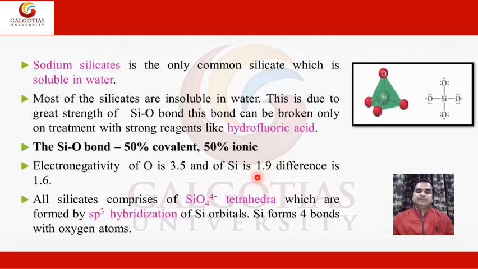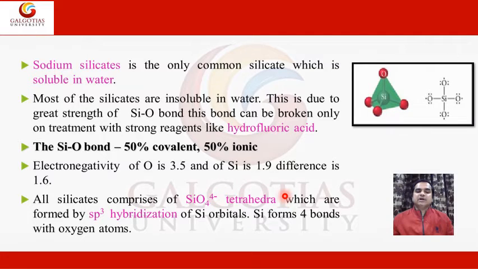So the difference between the electronegativities of the two atoms is 1.6. Due to this range, the bond is considered to be about 50% covalent and 50% ionic in nature.